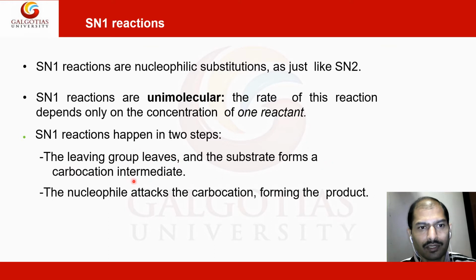So first the carbocation forms, and in the next step the nucleophile attacks the carbocation, forming the product. If you remember, in the SN2 reaction the nucleophile attacks the substrate and at the same time the leaving group leaves from that particular site. But here the intermediate carbocation forms first and then the nucleophile attacks, not simultaneously as in the case of SN2 reactions.